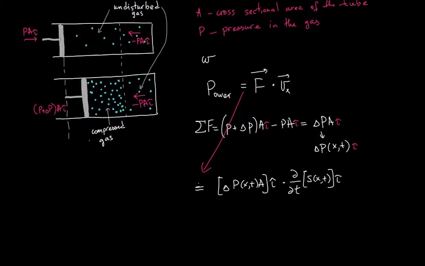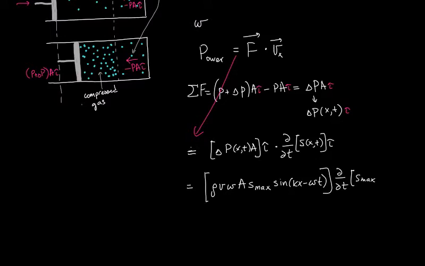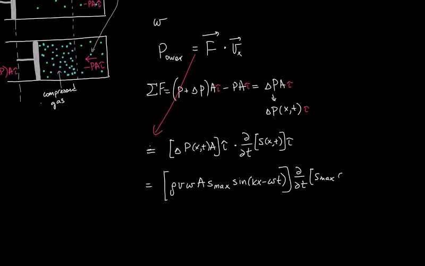Now if we evaluate this, we can write, for the delta P, we have found that it equals rho v omega A s max sine(kx minus omega t), and then d/dt of s max cosine(kx minus omega t).